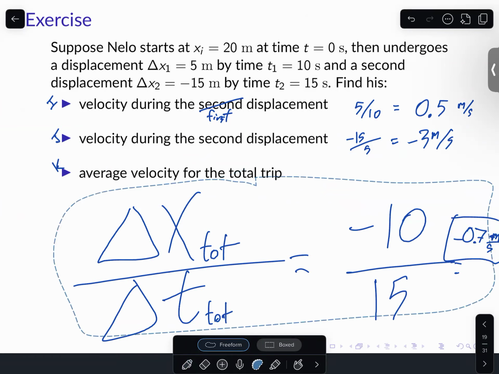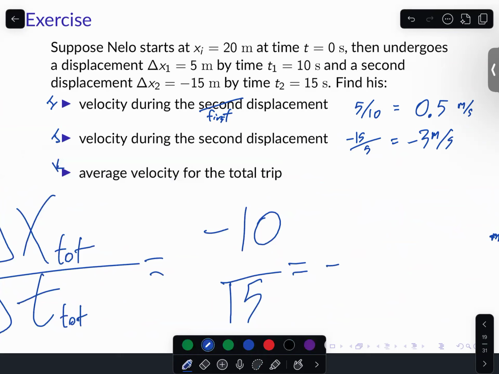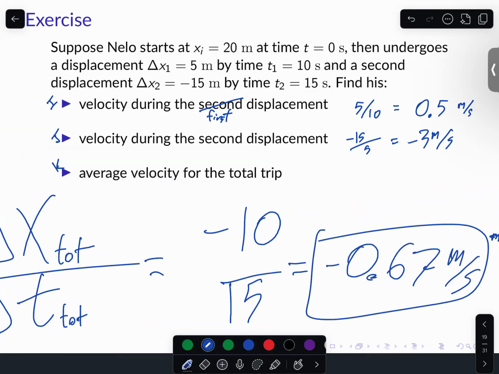Okay, did you hear it? Okay, no, that's not halfway between -3 and +1/2.